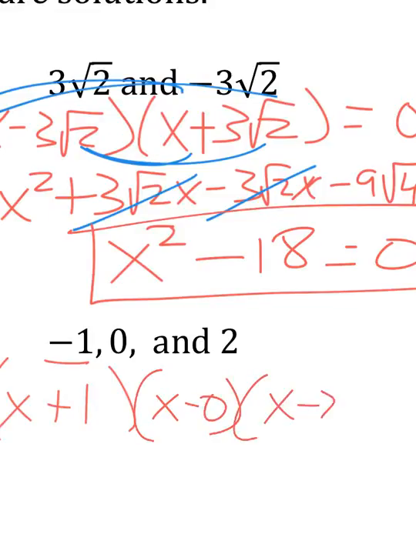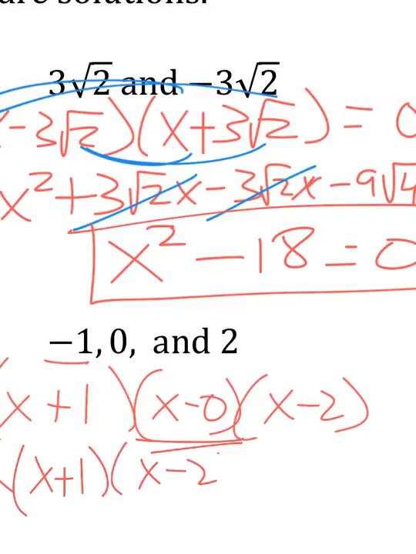And then we have x minus 2. So if we put negative 1 in here, this whole thing becomes 0. If we put 0 in, this becomes 0. And 2 makes this 0. Now, this guy, let's go ahead and take this out. x minus 0 is just x. So we have x times x plus 1 times x minus 2. That whole thing equals 0.